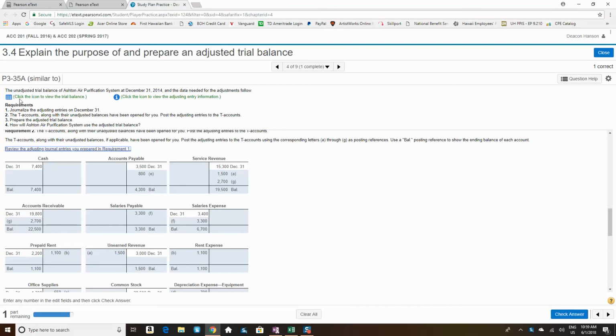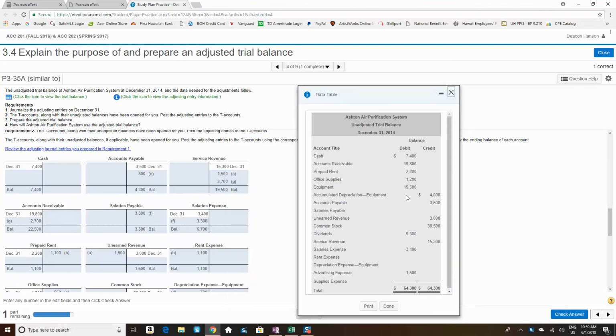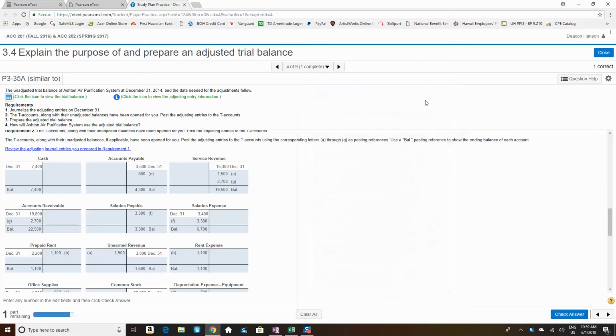If we were to use the unadjusted trial balance you're first given, although the total debits and total credits equal, these balances do not take the effect of the adjustments into consideration. So we're going to prepare a new trial balance called an adjusted trial balance, which takes the effect of these adjusting entries into consideration.